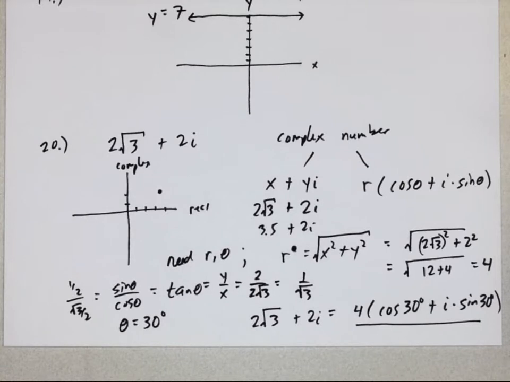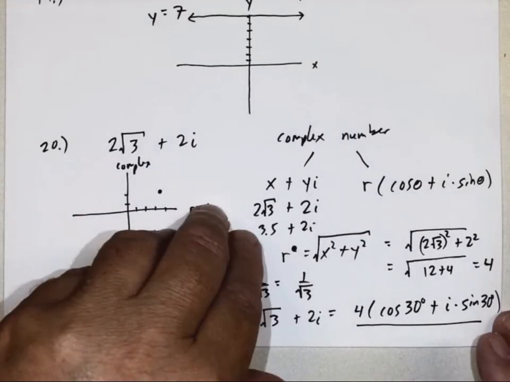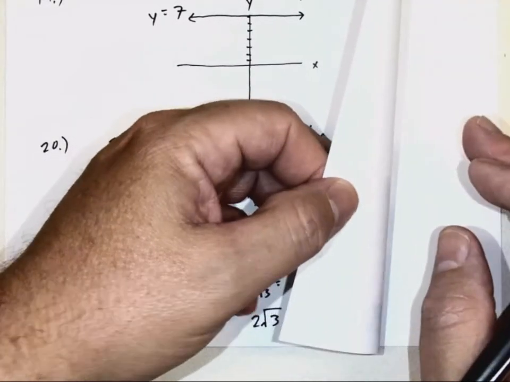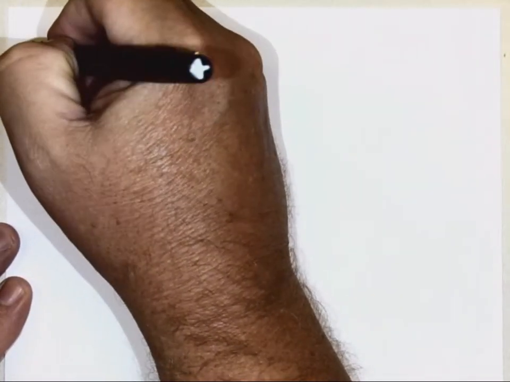All right. Looks like we have maybe a few more of these. Number 21. Once again, you can always print these out or look at them on your computer as we're working these. 21 says, plot the complex number in the complex plane and write it in polar form.